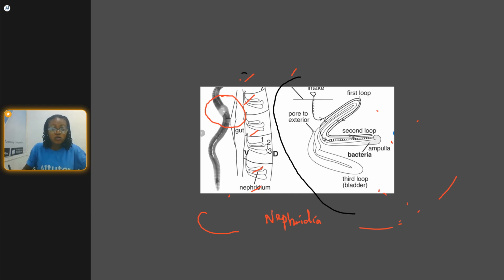The nephridia is a tube-like structure, as you can see on the board. It filters the body fluid and excretes nitrogenous waste. I made mention that the things you need to note are the different structures of the different organisms, also their excretory products.